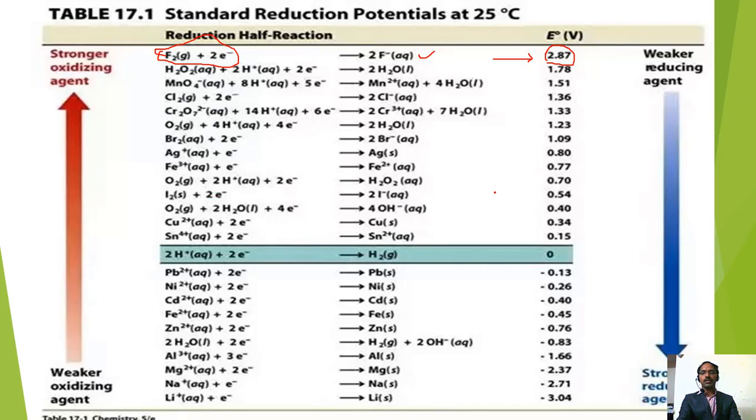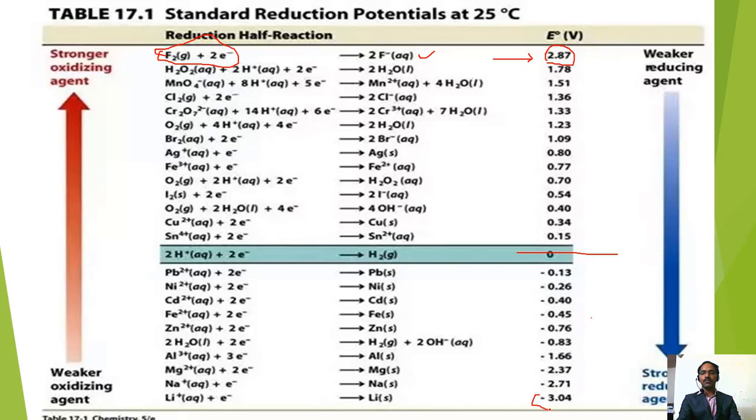See, hydrogen is considered as 0. All the ones above are ions, metals and non-metals that are taking electrons. Down below, all metal ions are there, and these values are shown with a negative sign. Suppose here the last one is lithium.